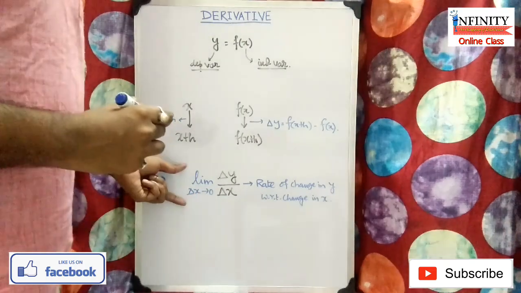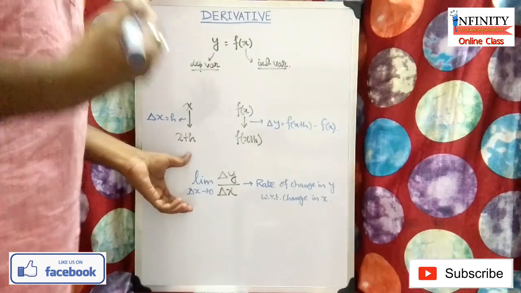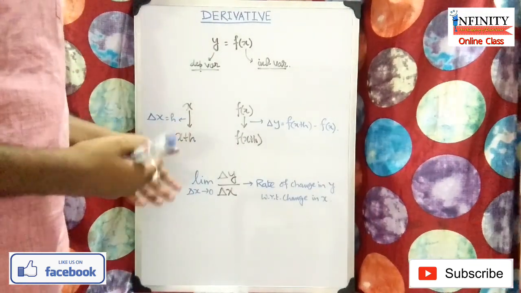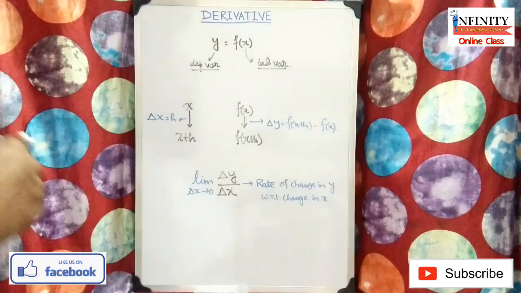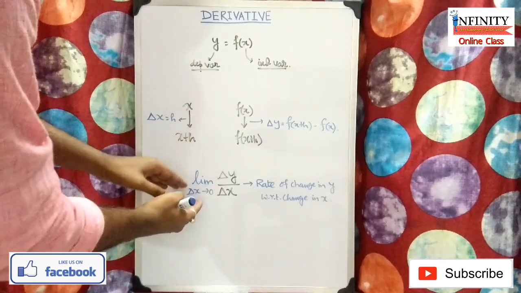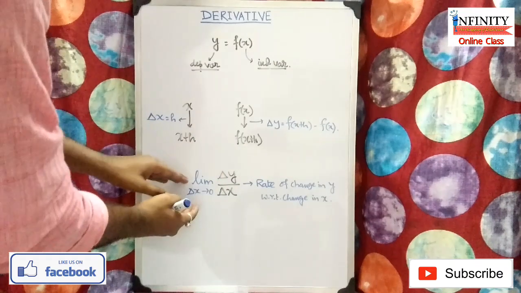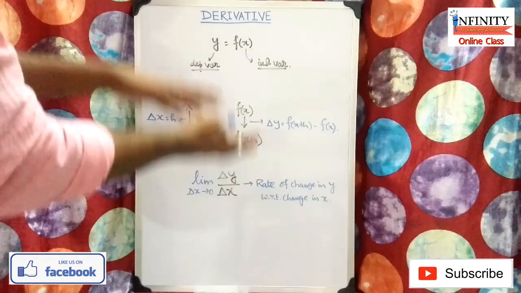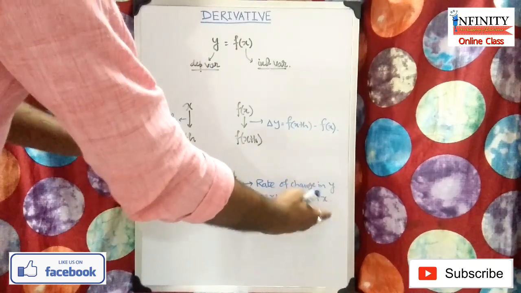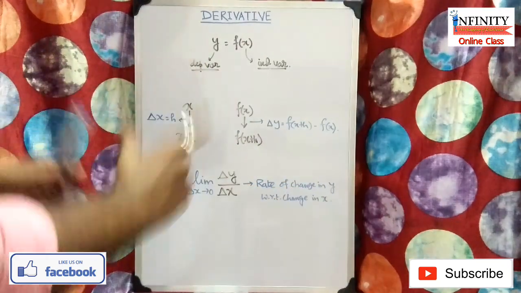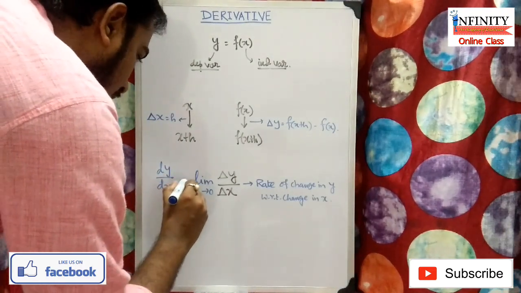It is the concept of limit. Okay. For the basic concepts of limit, you can follow our tutorial on basic concepts of limit, by clicking on the I button above. So for a small change in the independent variable, we will measure the rate of change in the dependent variable with respect to the change in that independent variable, and it is the derivative of y with respect to x.